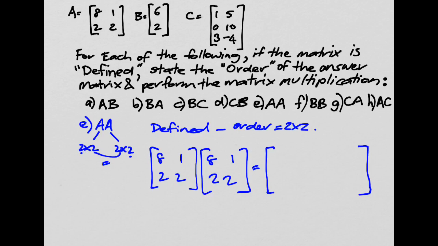Alright, let's go ahead and do that problem. So we've got 8 times 8 and 1 times 2 added together for the top left. So 8 times 8 plus 1 times 2. And then for the top right, we have 8 times 1 plus 1 times 2, so we're multiplying now by this column instead of that first column.